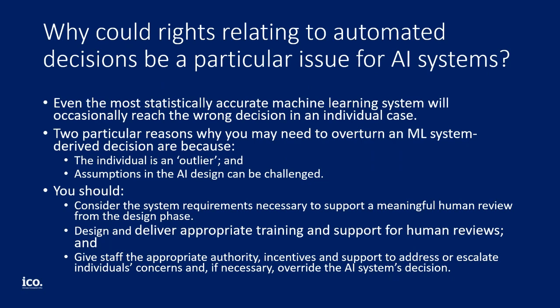These kinds of errors could occur because the individual in question is what's called an outlier, so somebody who is statistically different to the people who the model was trained on, and therefore the model doesn't make an accurate prediction or an accurate classification in their case. Also, in some cases, individuals may get the wrong decision because there are certain assumptions embedded in the AI system.